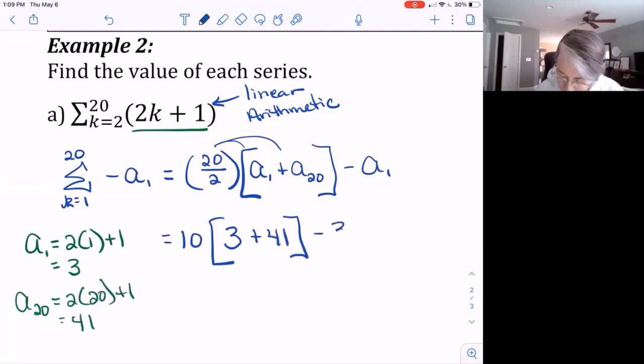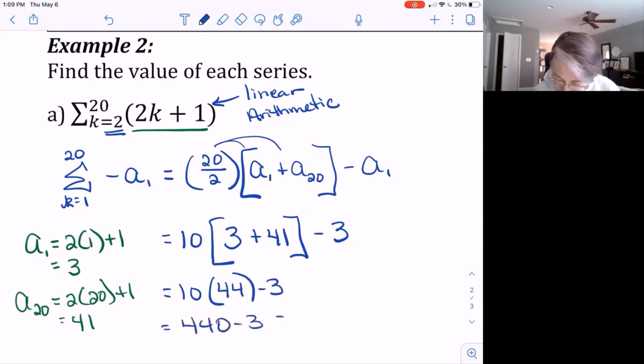And then we're going to subtract out that first term again. Because remember, we only want it from our second term to our 20th term. So now it's arithmetic. 10 times 44 minus 3 equals 440 minus 3, which is 437.